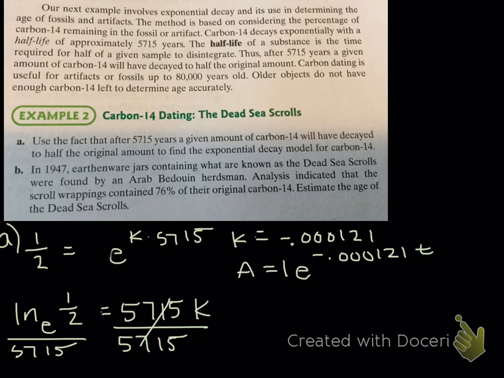So I'm going to flip to the next screen so I have more room to solve. 76% is going to be our ending value. This we do have to write as a decimal. So my ending value would be 0.76 equals 1e to the negative 0.000121t.